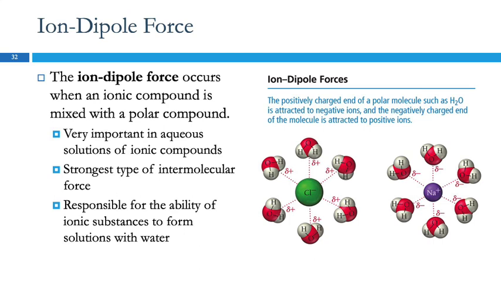So water has a positive side and a negative side, right? The positive side of water is attracted to negative ions, but if there's a positive ion, the water can just turn around and show the negative side to the positive ion, and there's attraction here.